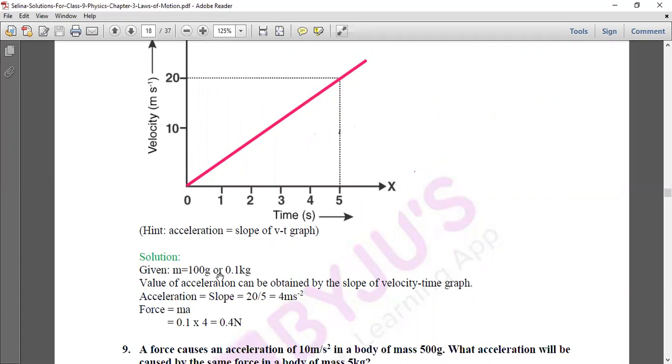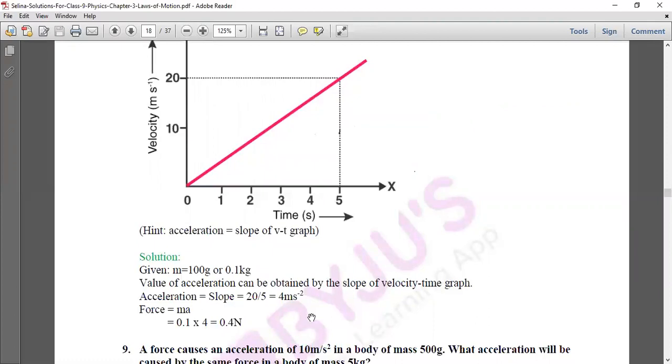The value of acceleration can be obtained from the slope of the velocity time graph. Acceleration is equal to slope, and slope is equal to velocity divided by time. The velocity is 20 meter per second, and the time is 5 seconds. So 20 divided by 5 is 4 meter per second square.